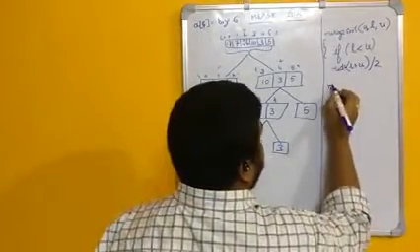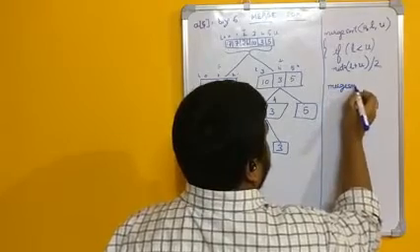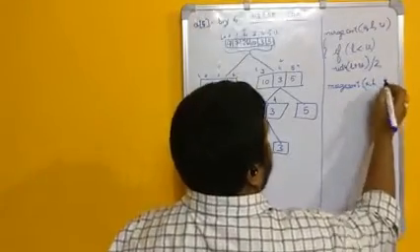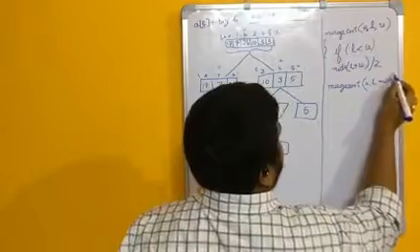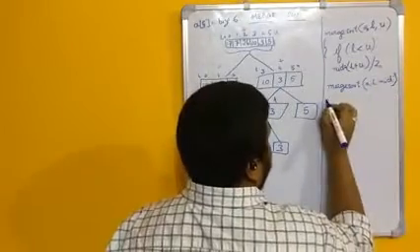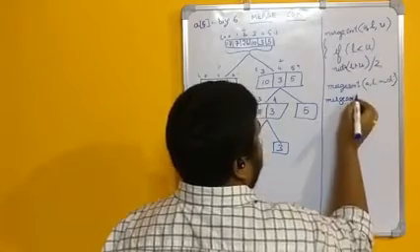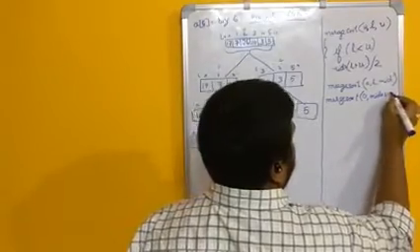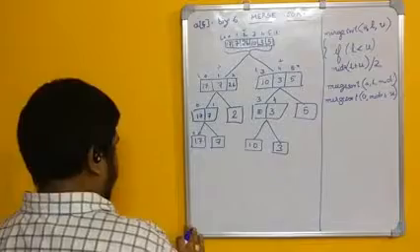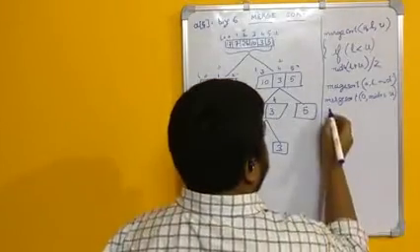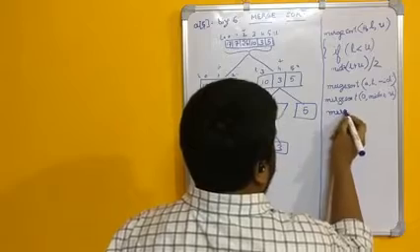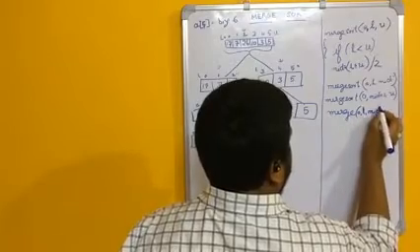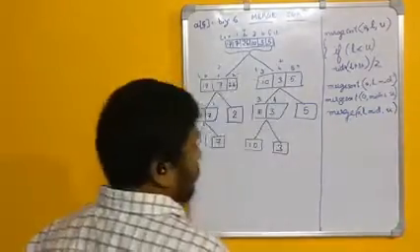Next, merge sort with array, lower bound, and upper bound mid. Then again merge sort with A, mid plus 1, U. Next the function is merge, with A, L, mid, U.